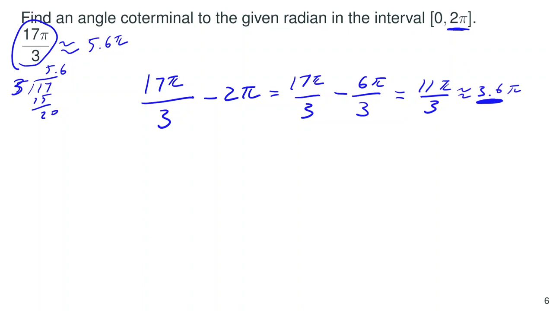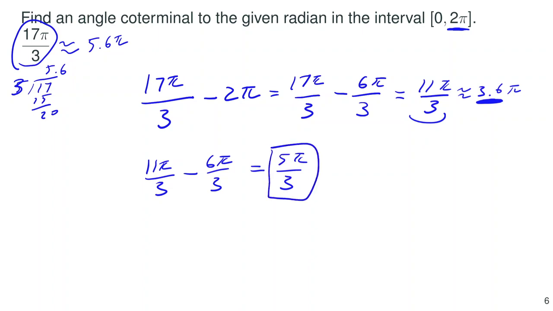So from 11 pi over 3, we subtract 2 pi again, which is 6 pi over 3. That gives us 5 pi over 3. Now 5 pi over 3 is less than 2 pi, because if it were greater than 2 pi, this number would have to be greater than 6. So this is the answer: a coterminal angle to 17 pi over 3 that is between 0 and 2 pi.